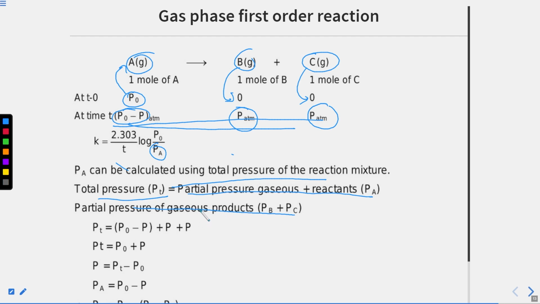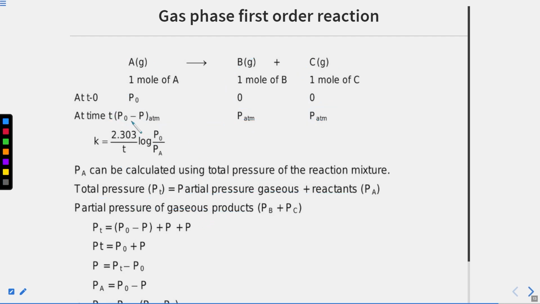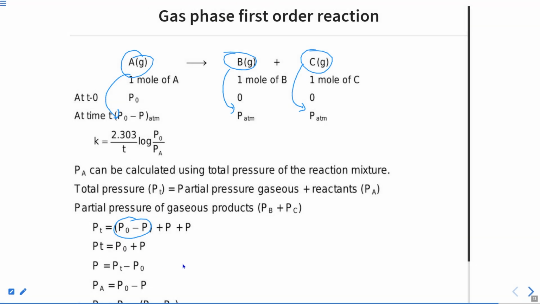That would give us the total pressure. PA, PB and PC are already evaluated. So PA equals P naught minus p, PB equals p, and PC is also equal to p. Therefore P naught minus p plus p plus p. So this is our equation.